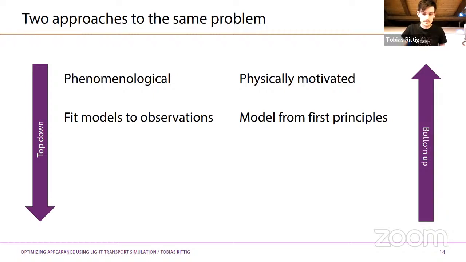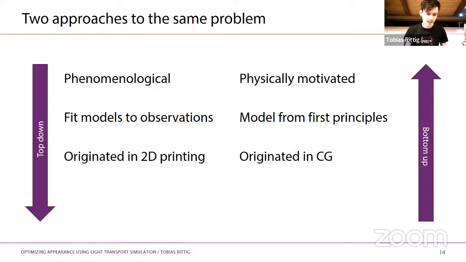And the bottom-up approach is going a different route. It tries to explain the observations by modeling everything from first principles. So it tries to model it in a bottom-up way. And these 2 approaches essentially have different origins.